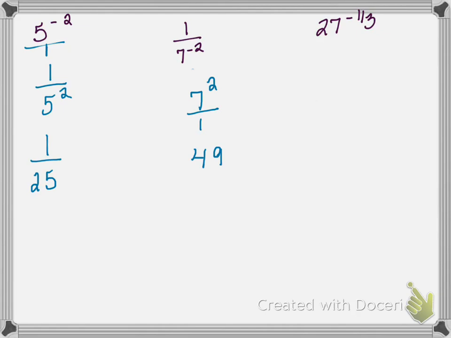Now I have 27 raised to the negative 1/3. I'm going to deal with the negative first. So I'm going to move this to the denominator, and then I'm going to have 1 over 27 to the 1/3. In the denominator, that becomes 27 to the first power, and I know you don't have to write the 1, but a lot of times I do.